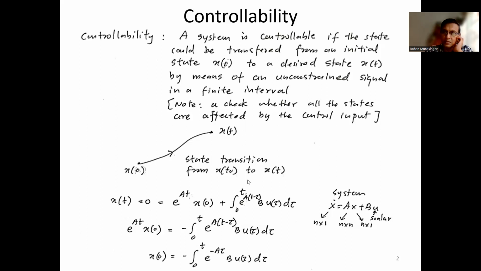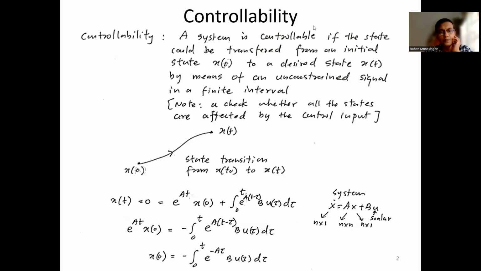For a plant to be controllable, not only n-1 state variables, but all n variables are supposed to be related to the control signal. So that's how it works.